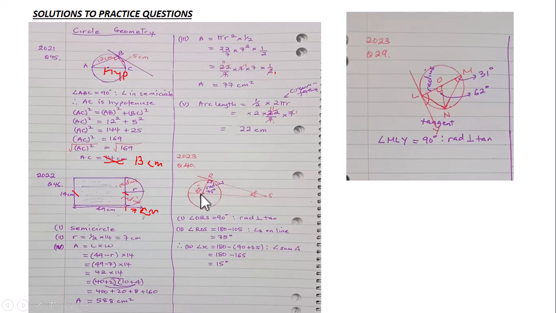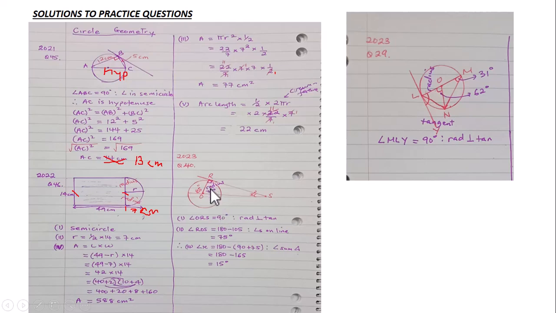And so we use this property to find the angle inside the triangle at point O. So 180 minus 105, the reason being angles on a straight line, gives us 75 degrees. So now we have two angles known inside the triangle ROS, and we can use them to find angle X. Angle X is 180 minus 90 plus 75.